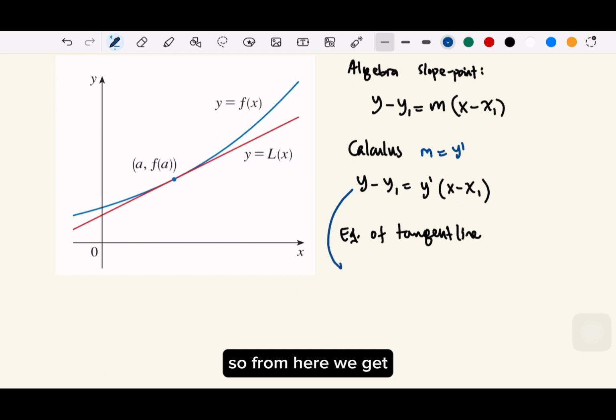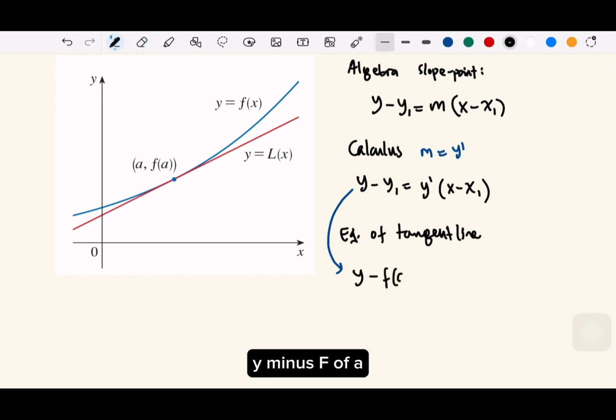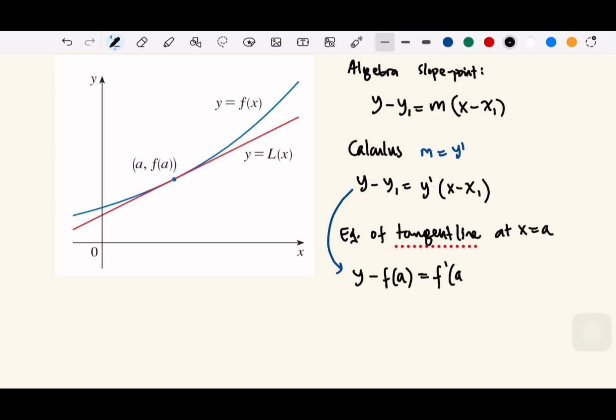So from here we get y minus f of a, at x equal a, equals f prime a times x minus a.